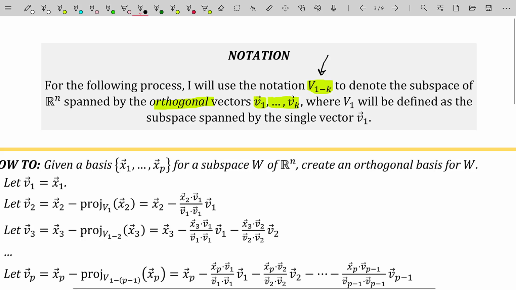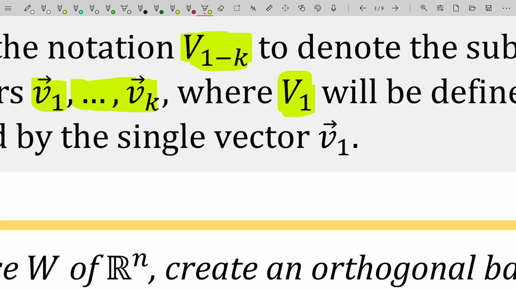That notation works very well if you keep things in order. The only case it doesn't work well for is a space spanned by just the vector v sub 1. Then I will call that v sub 1. So the space spanned by the vector v sub 1 is just going to be v sub 1. I will continually repeat that when I go through this.